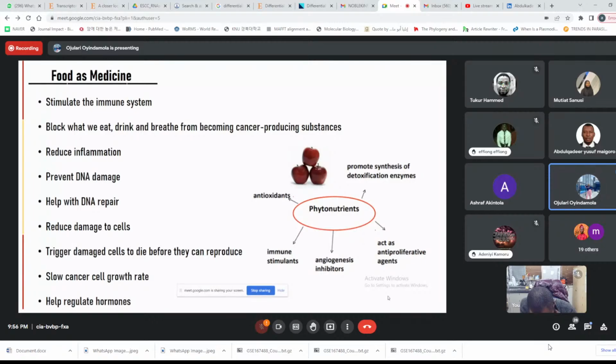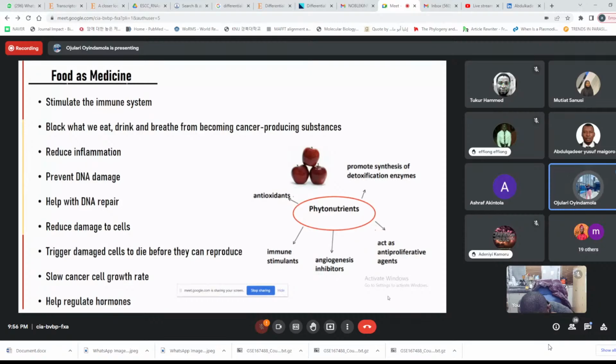They can help us to reduce inflammation and to prevent DNA damage. Even when this DNA is damaged, some food can even help us to repair it. When cancer cells are initiated in our body, some things trigger them and they begin to progress.